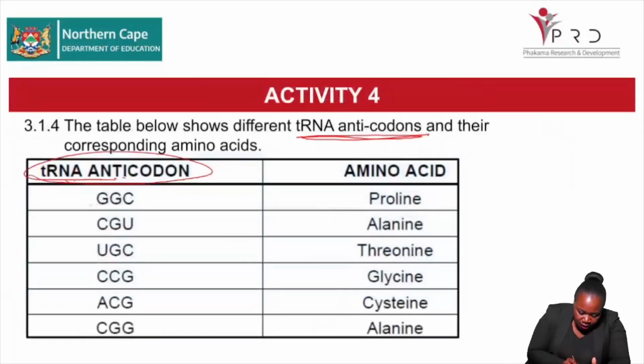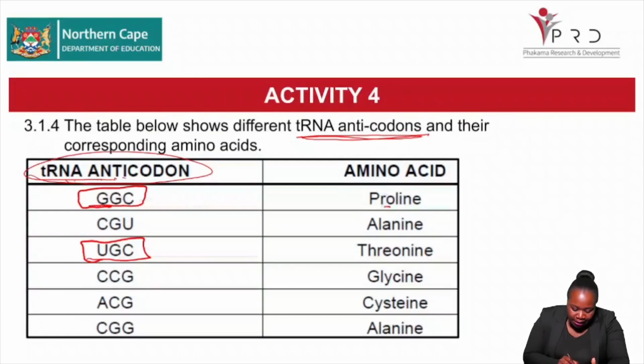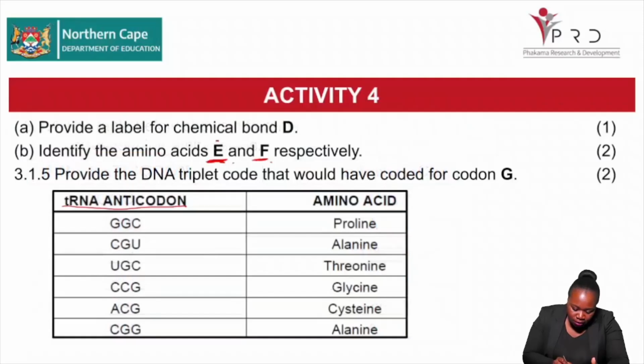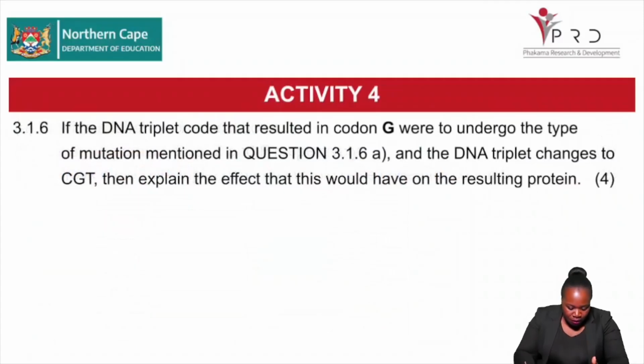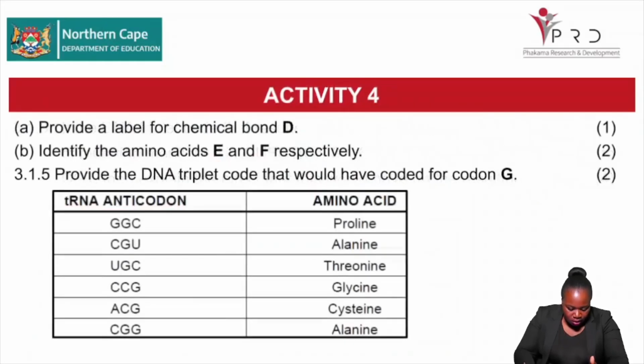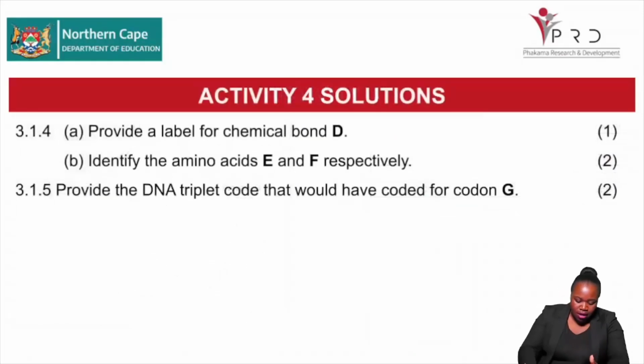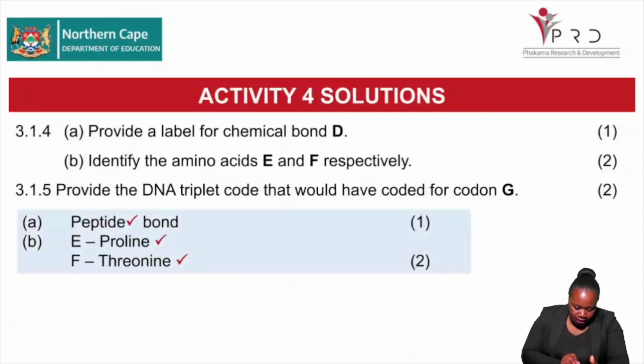Okay, GGC, there we have it, and then UGC, there we have it. So our amino acids would be proline and threonine, right? So here, proline, and then F, threonine. It said we must give the amino acids there, right? And then let's have a look at that. Okay, there it is, right?